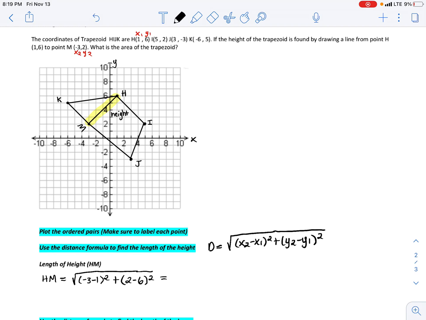And so now I'm going to use PEMDAS to simplify this. So I have that this is -4 squared plus 4 squared. And so this is the square root of 16 plus 16, which is equal to the square root of 32.